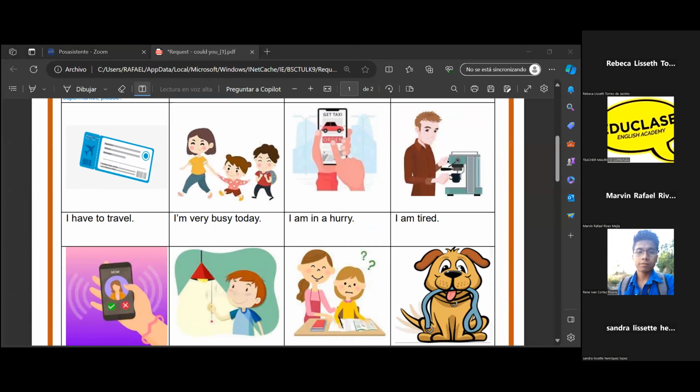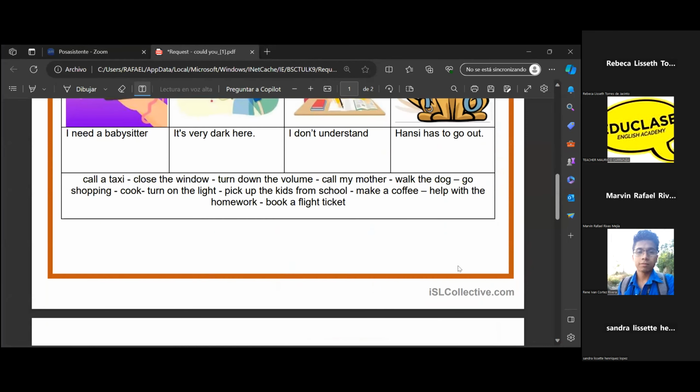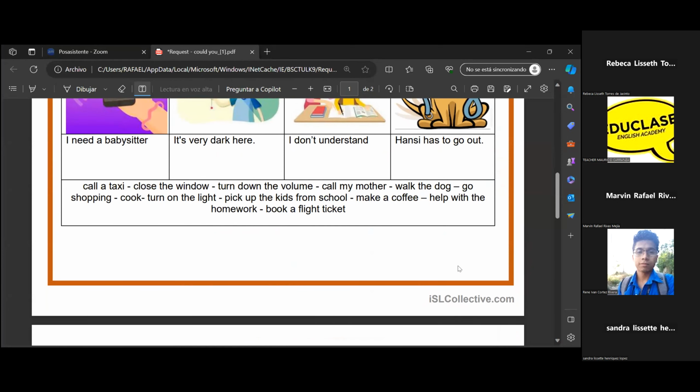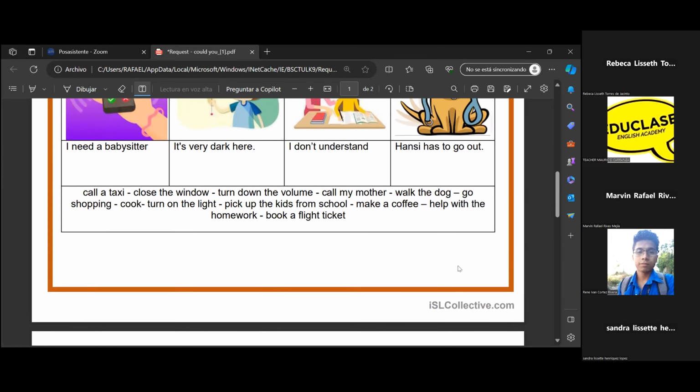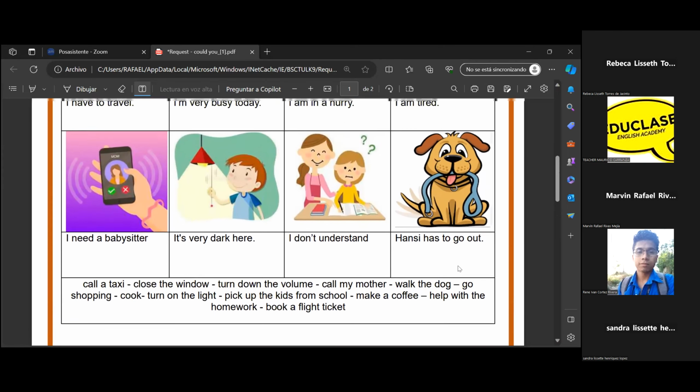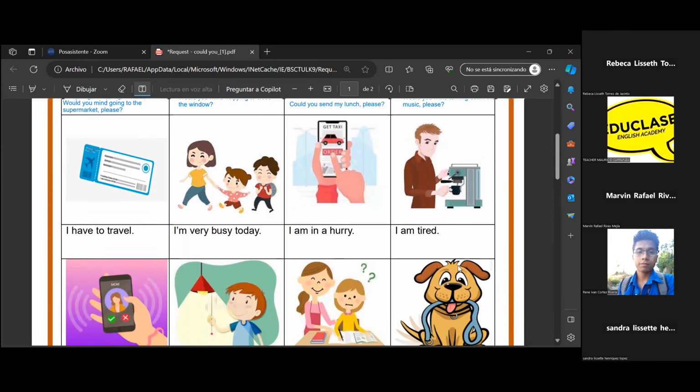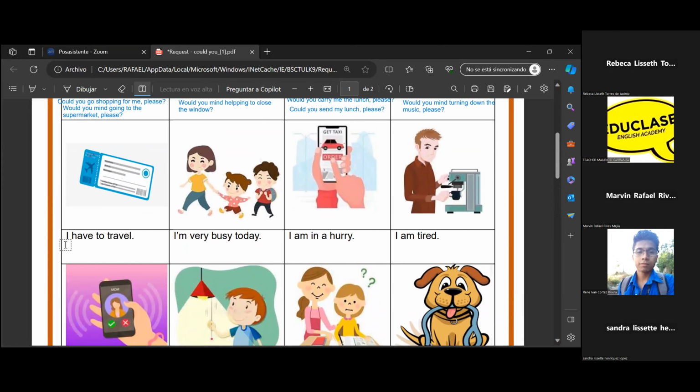This picture I have to draw. Could you buy the ticket, please?